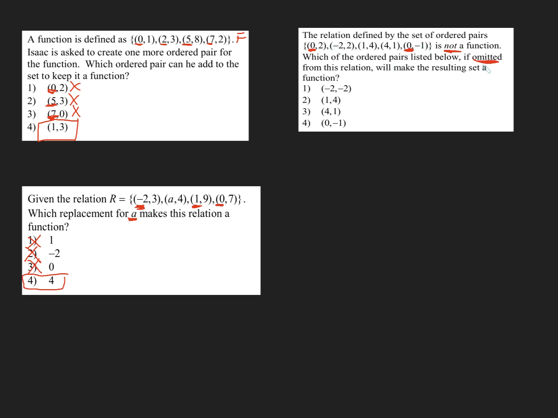So we need to take out something from this relation. Now, to make this a function, we've got to remove a 0. So let's go and see. Here it is. So we can remove (0, 1) and make this a function.